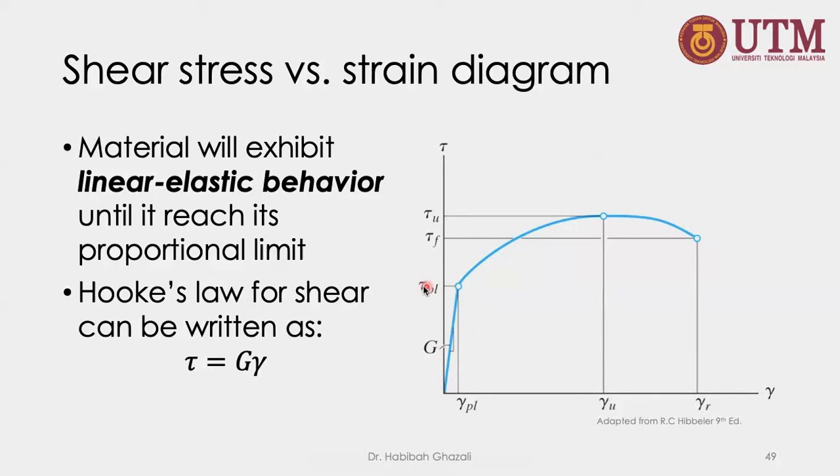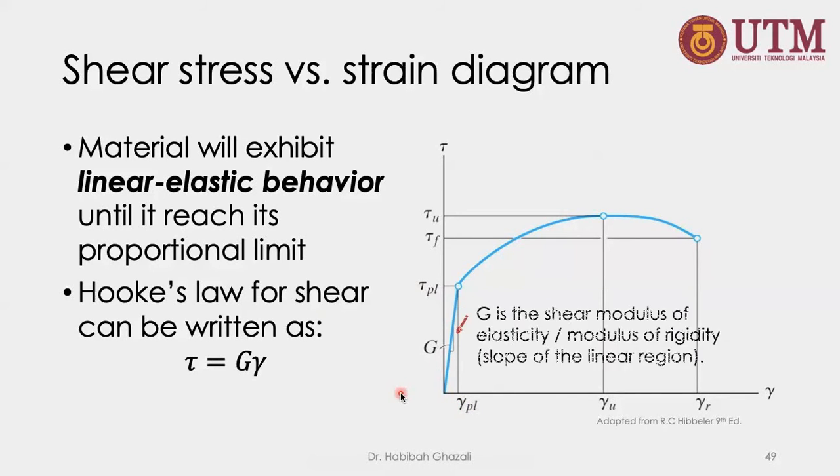So what is it? This torsion load at this limit divided by the strain at this linear limit. So G is the modulus of the elastic linear behavior, Hooke's law for the shear stress versus strain curve.